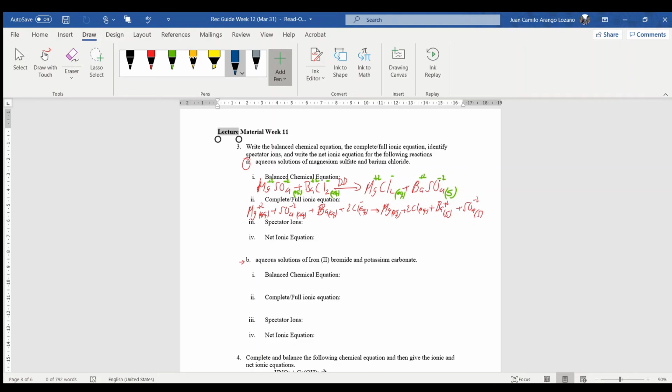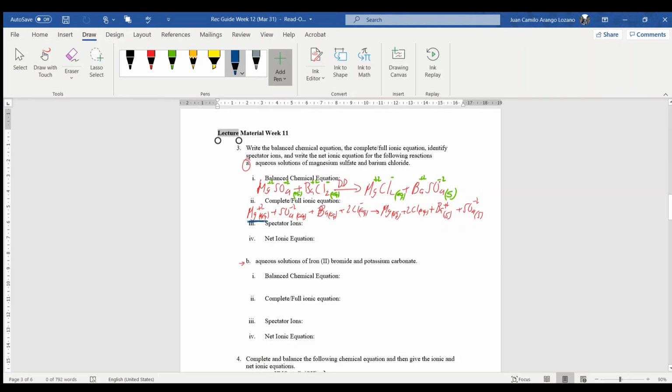Okay, so if you notice magnesium, from the reactants to the product, is not changing at all. It is keeping its charge and its physical state. Now with chlorine, the same case happens, because I am keeping the same oxidation state and the same physical state.